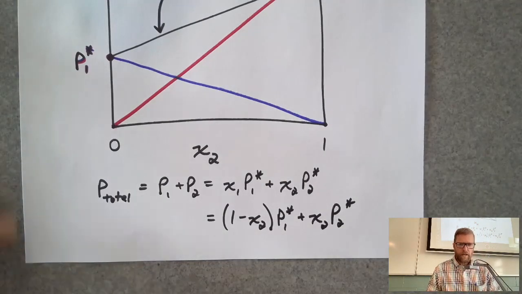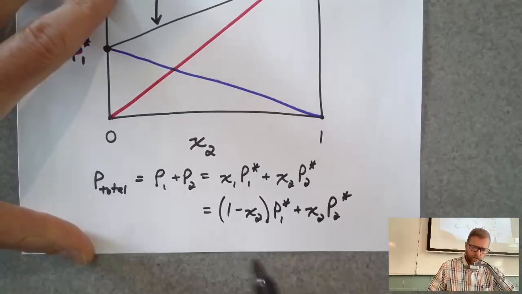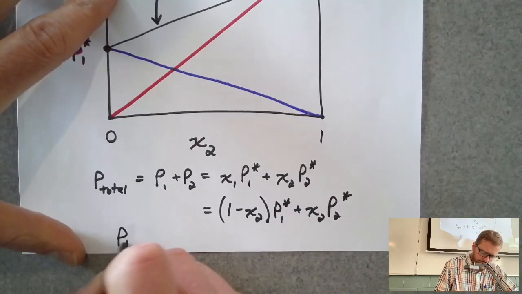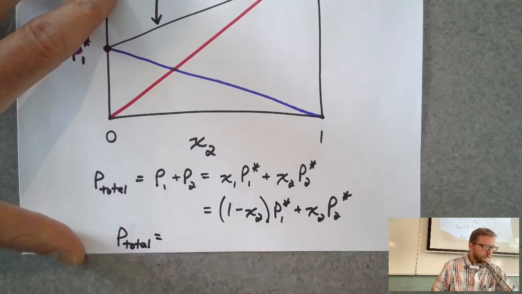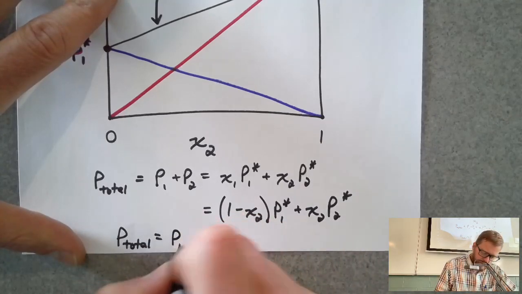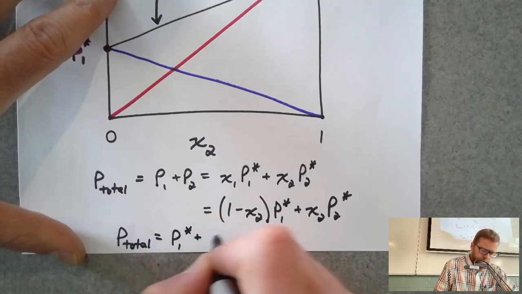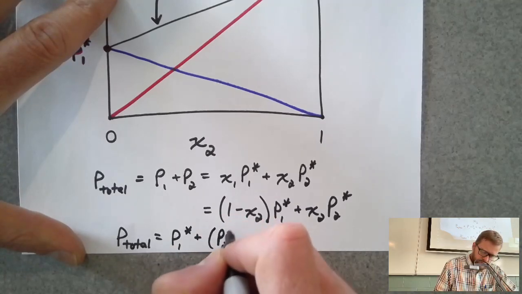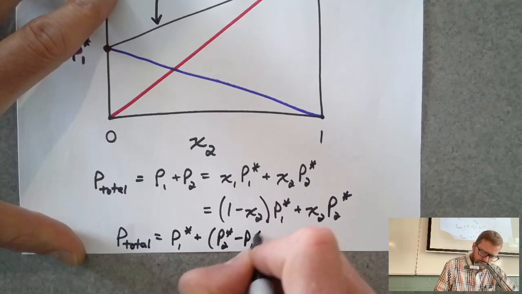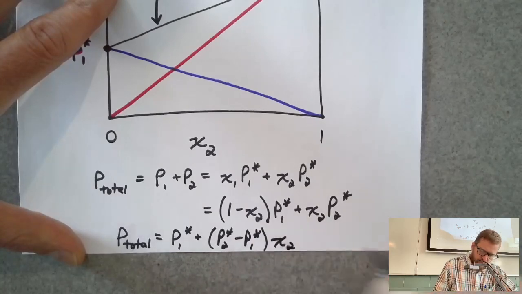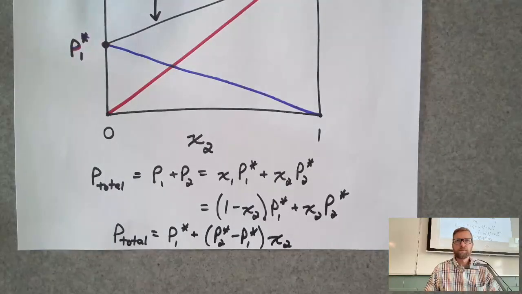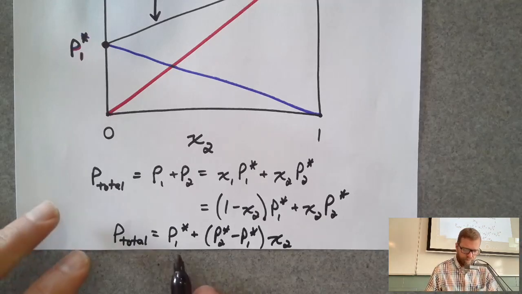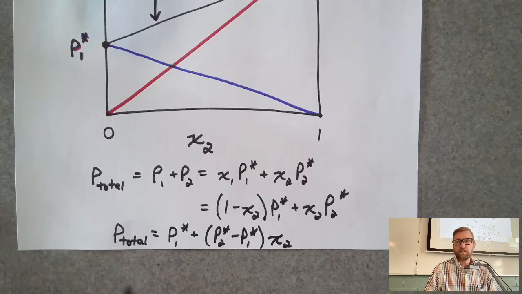And then if I combine my like terms, combine all my X terms together, then we get this right here. Let's just pause here and make sure that this makes sense. If I just think about this as y equals mx plus b, we've got y.